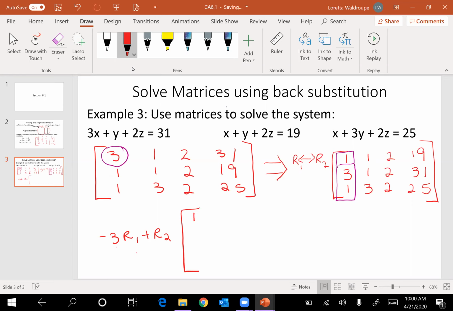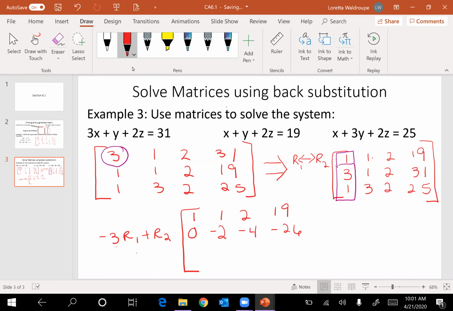I'm not changing row 1. So negative 3 times 1 becomes negative 3, plus 3 is 0. Negative 1 times 1 plus 1 becomes negative 2. Negative 3 times 2 is negative 6, plus 2 is negative 4. Negative 3 times 19 is negative 57, plus 31 is negative 26.